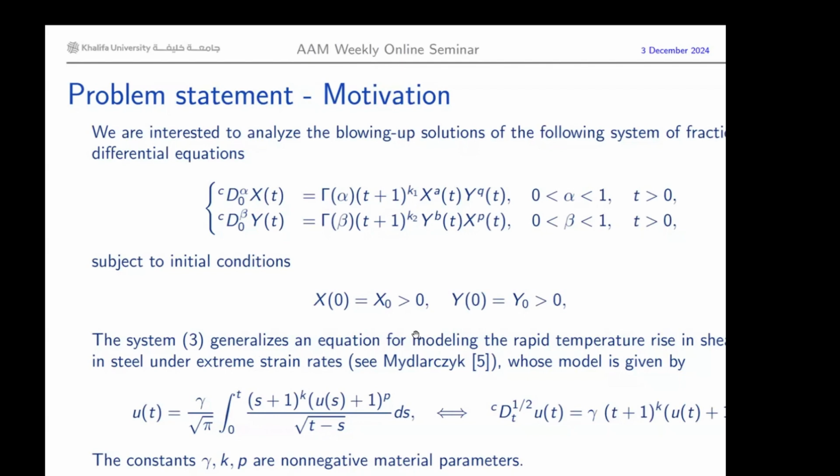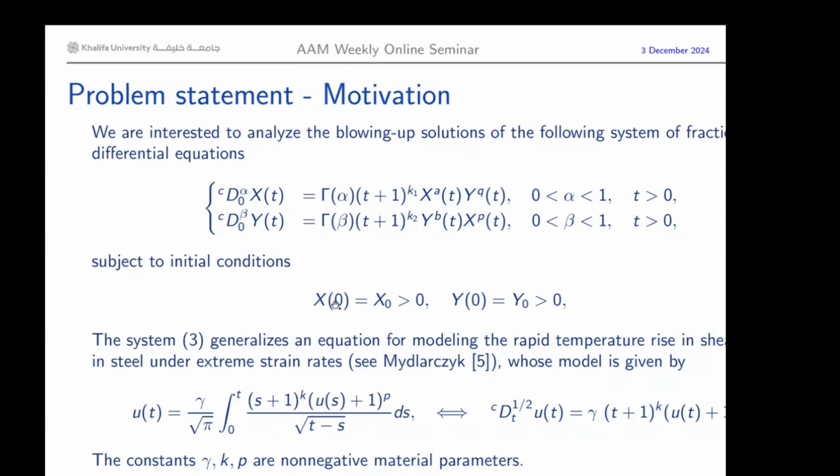In fact, in the shear band formation of steel, Mydlarczyk considered the following Volterra integral equation, which is actually equivalent to the following fractional differential equation with alpha equal to 1/2. Now, one might ask, if we have an object that is made not only from steel, but also from a combination of steel and some other things, then what would be the behavior?